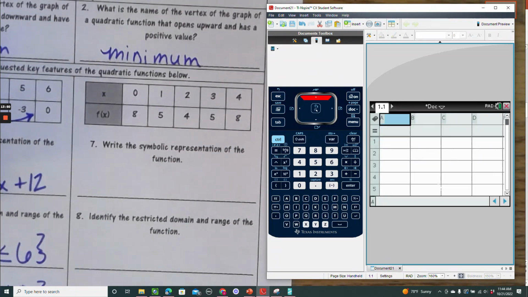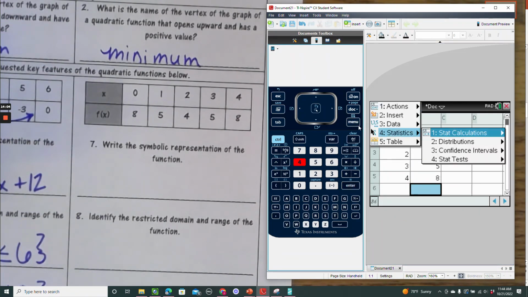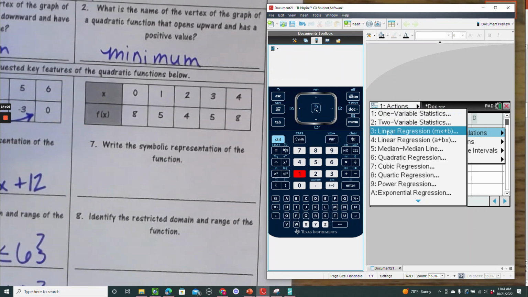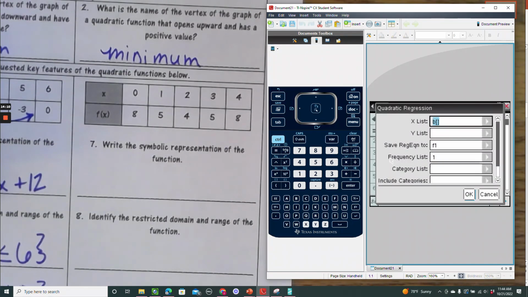Just like we did with linear regression. And then we type our values in. Okay, and then menu 4, 1. 3 was linear regression, but if you look down here at 6, so menu 4, 1, 6 is quadratic regression.